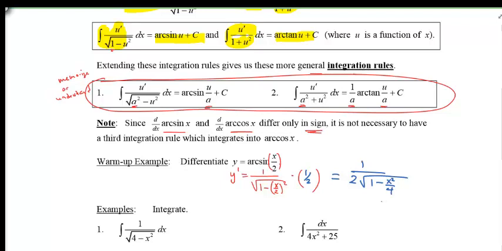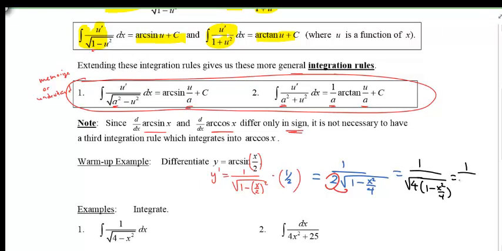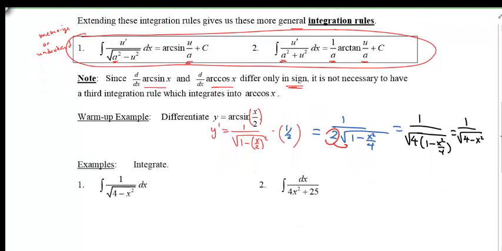I can simplify a little more, because that 2 I can bring inside the square root, and it becomes 1 over the square root of 4 times 1 minus x squared over 4, and that just gives us 1 over the square root of 4 minus x squared. Okay, so that's our warm-up.